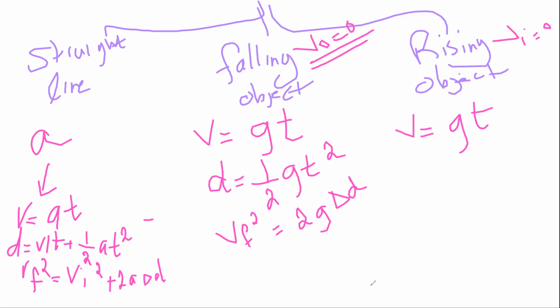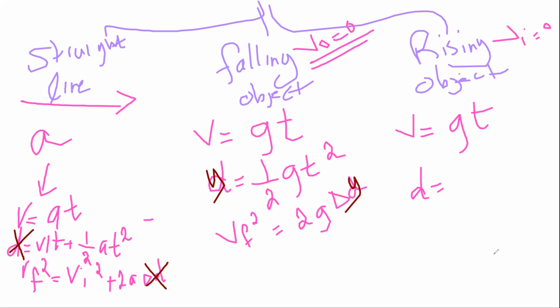Now D, sometimes some books don't write D as a distance, they write it as X and Y. X, since I'm moving in a straight line, I'm moving on the X axis. So instead of D, they write X. And here they write it as Y. If you write D or Y, both of them are correct.